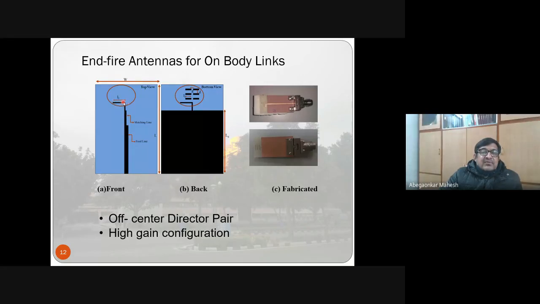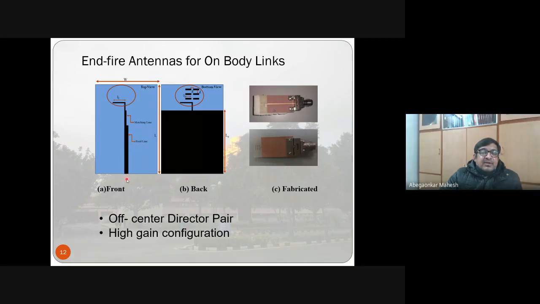The antenna itself will have a certain input impedance. You have to match the input impedance of the antenna to that of the feed line. As a result, we have a matching line in between. This line, referred to as the matching line, transforms the input impedance of the antenna to that of the feed line.